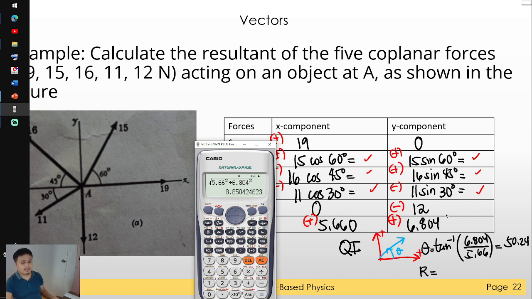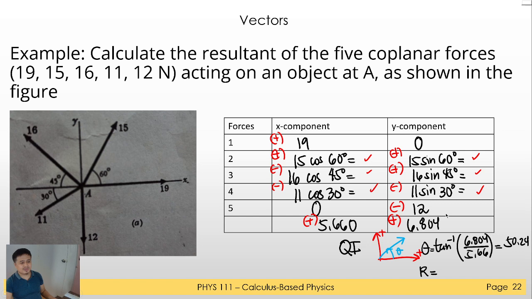So we have a resultant vector that has the magnitude of 8.85. What is the unit? In newtons. So this will be your magnitude, and this will be your direction in degrees.